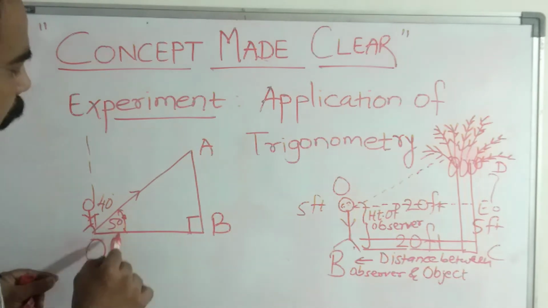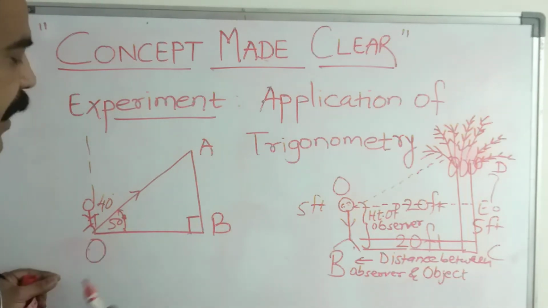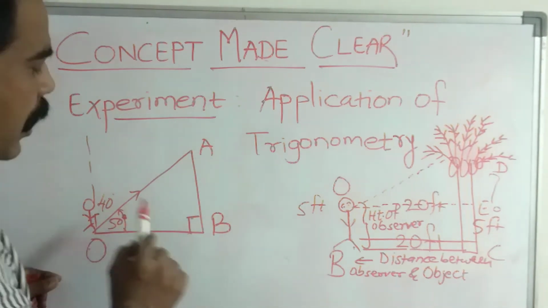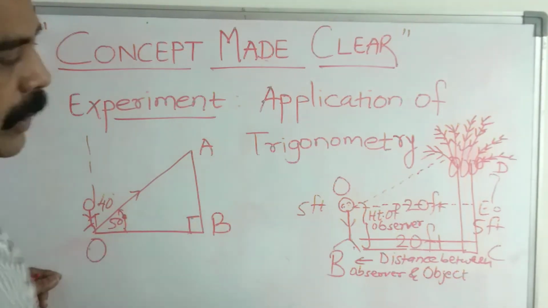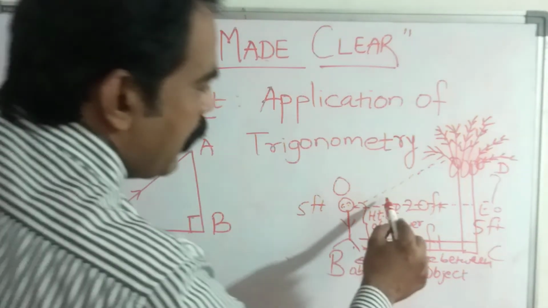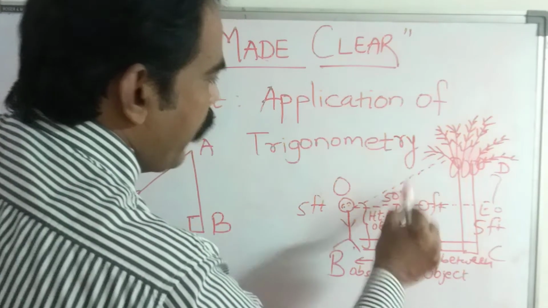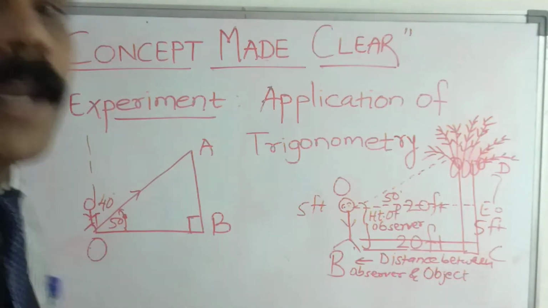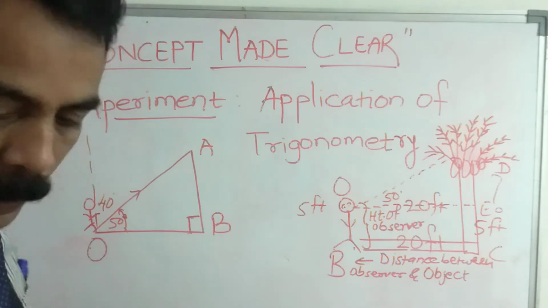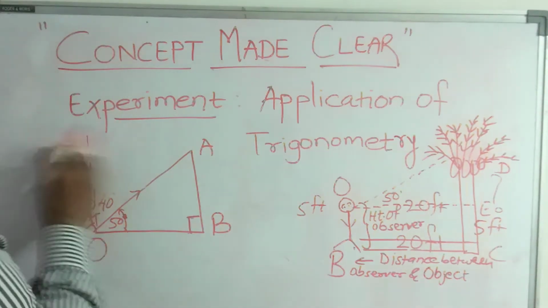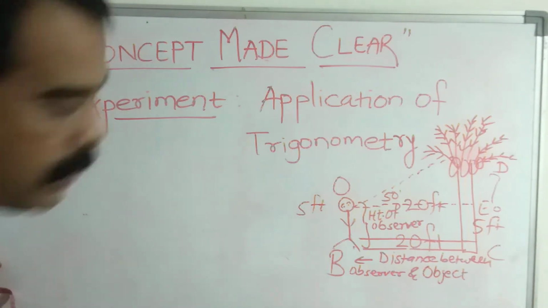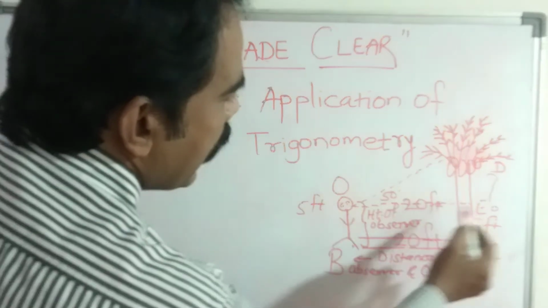Now we are aware of the angle, that is 50 degrees, this is 90 degrees, and the distance between the object and the observer is 20 feet. The height of the observer is 5 feet. Now this angle is 50 degrees, and we can apply the basic formula of trigonometry in the triangle OED.